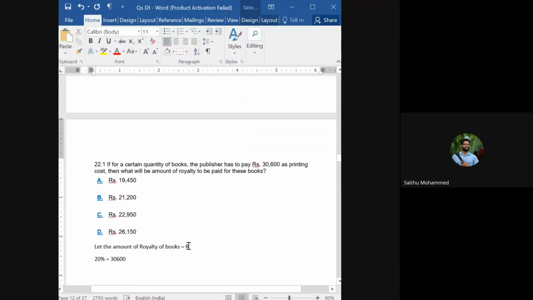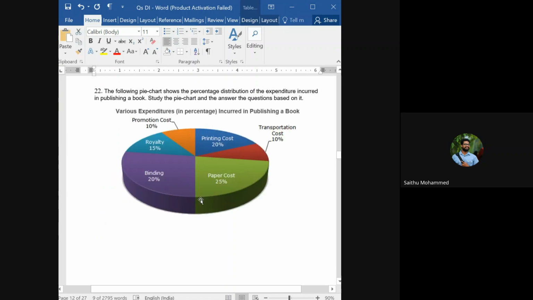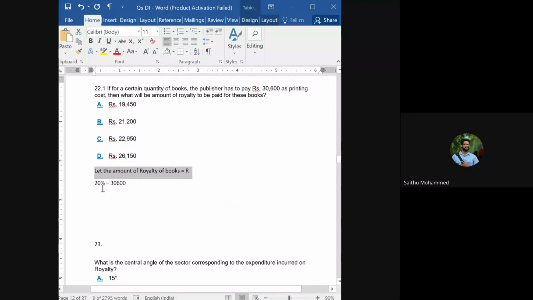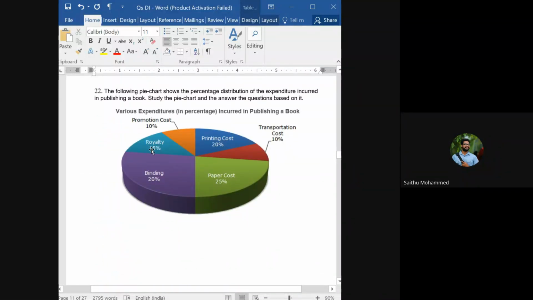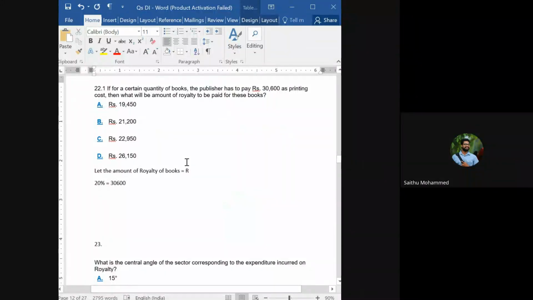That's why we have given here, let the amount of royalty be R. At the same time, in the pie chart we have the percentage of royalty as 15%. That means if we can take 20% equal to 30,600, we can also take the royalty percentage 15% equal to the amount, supposed R for royalty, rupees R.